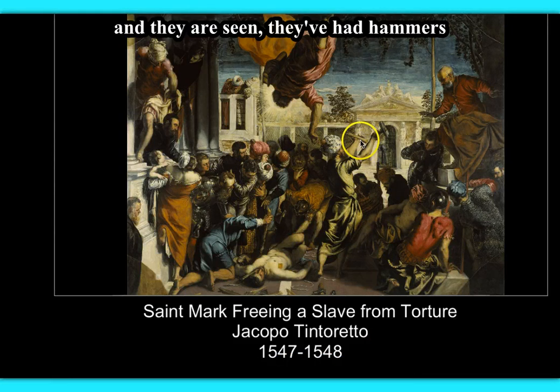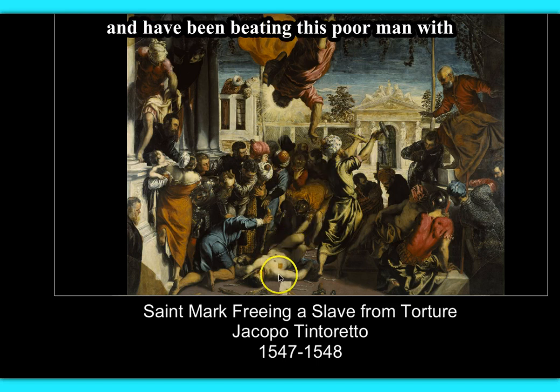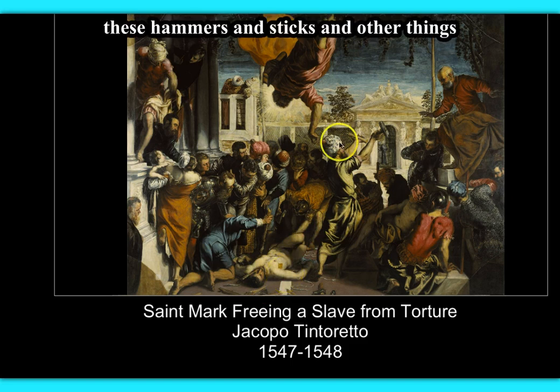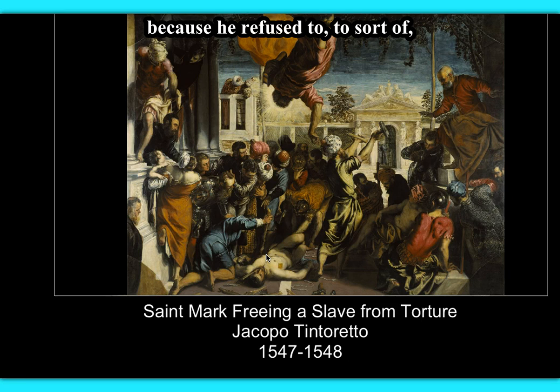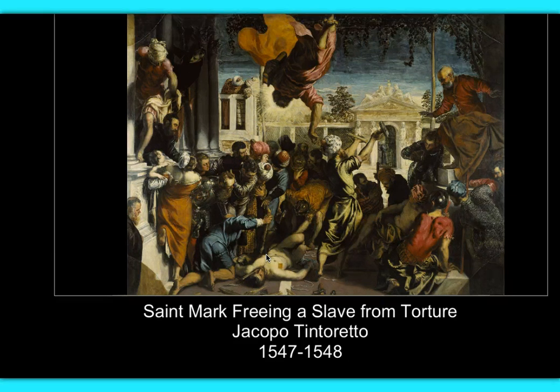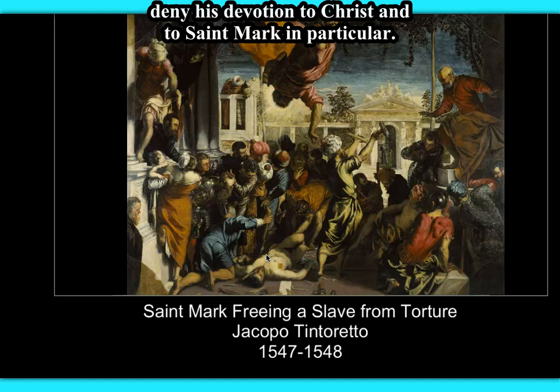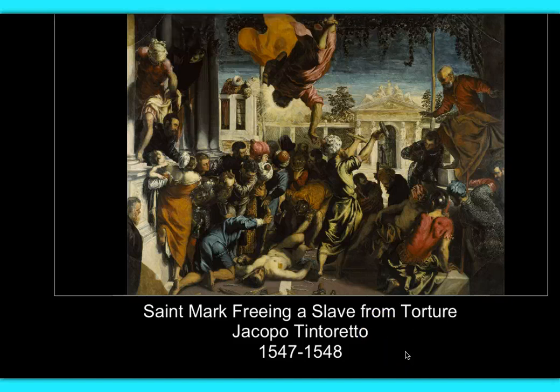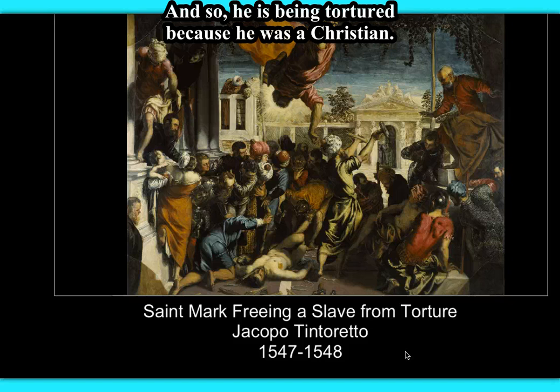And they are seen, they've had hammers and have been beating this poor man with these hammers and sticks and other things, because he refused to deny his devotion to Christ and to Saint Mark in particular, and so he was being tortured because he was a Christian.